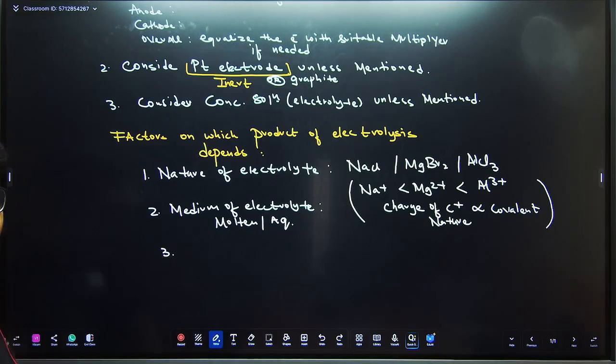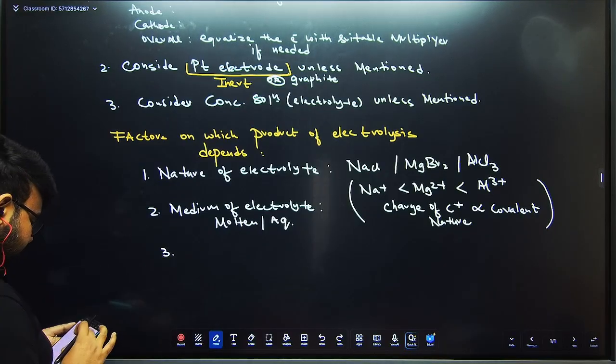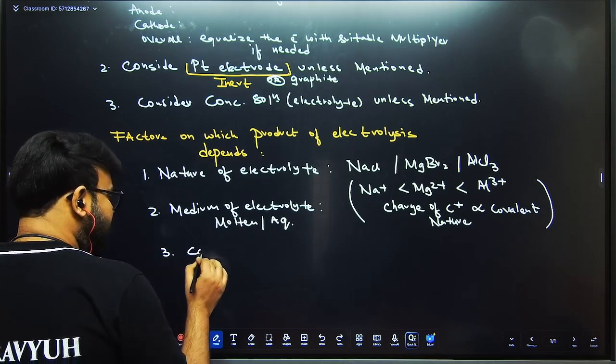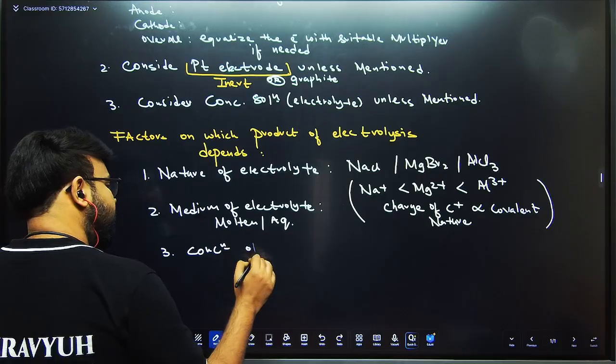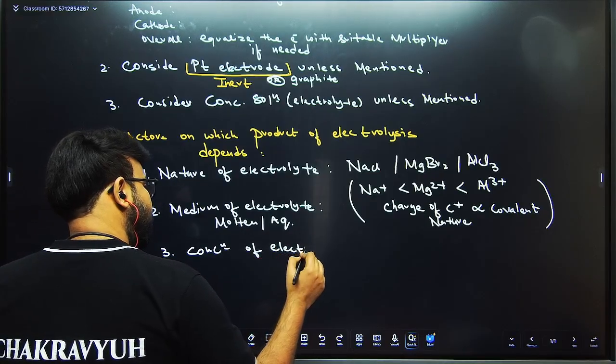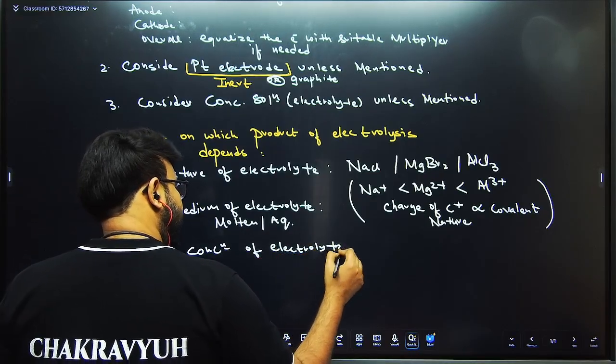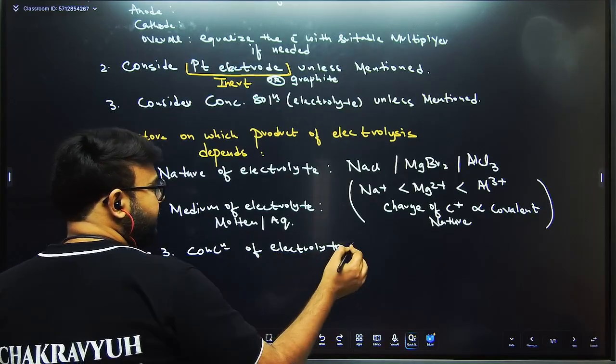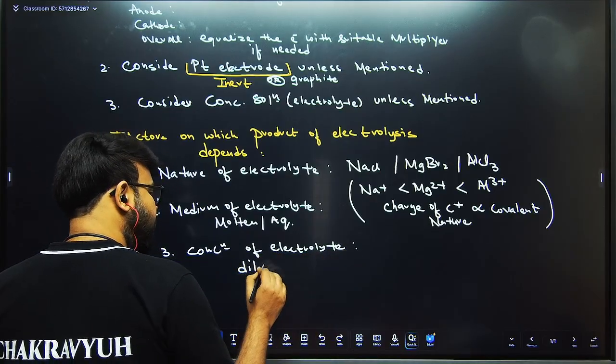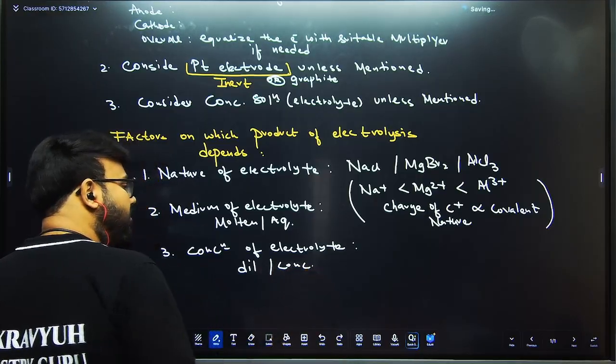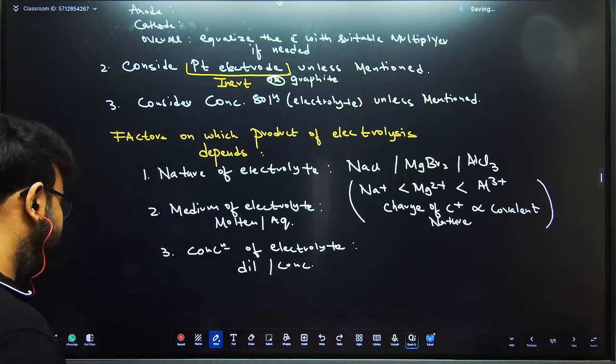Third is concentration of electrolyte. Is it constant? Is it dilute? Remember, by default we are considering constant.